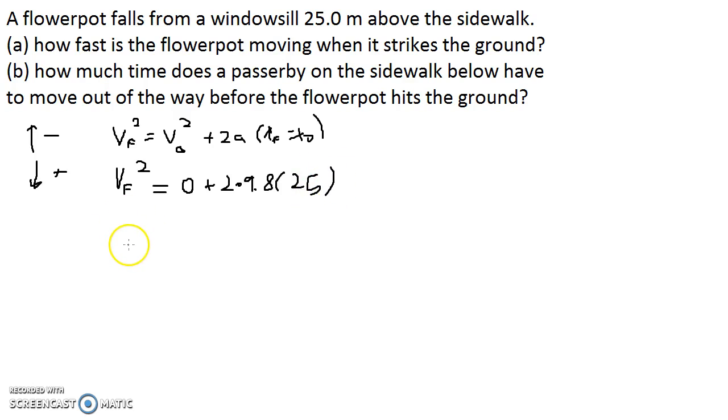So now we're just going to continue simplifying. We have the final velocity squared equal to 2 times 9.8, which is going to be 19.6 times 25, which comes out to 490.